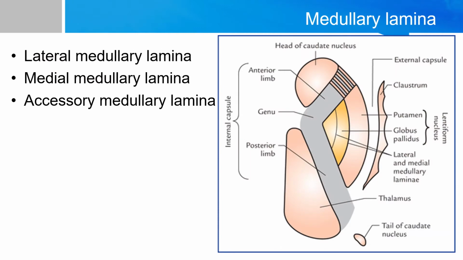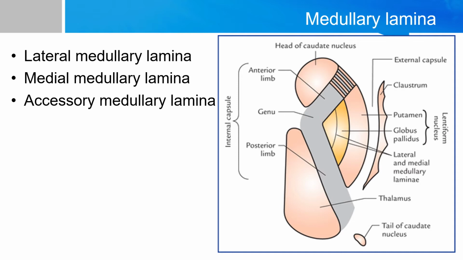Before I move on to the globus pallidus, I just wanted to say a few words on a set of structures that separates the lentiform nucleus, called the medullary lamina. The lateral medullary lamina separates the putamen from the globus pallidus externus, and the medial medullary lamina separates the globus pallidus externus from the globus pallidus internus.